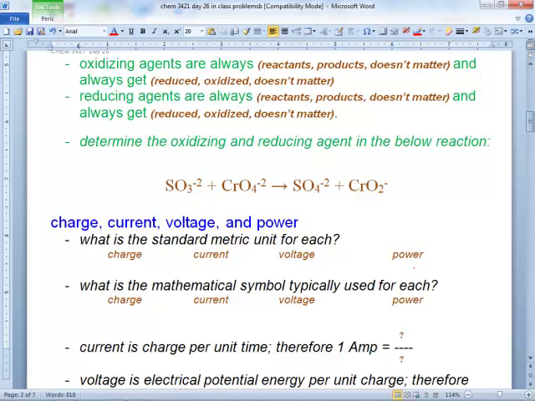You said electrochemistry. Something is giving up electrons. Something's reacting with them. Both those guys are reactants, so it's reactants. Okay. And always get, Amanda, you remember this? Reduced. Good deal. Oxidizing agents always get reduced.